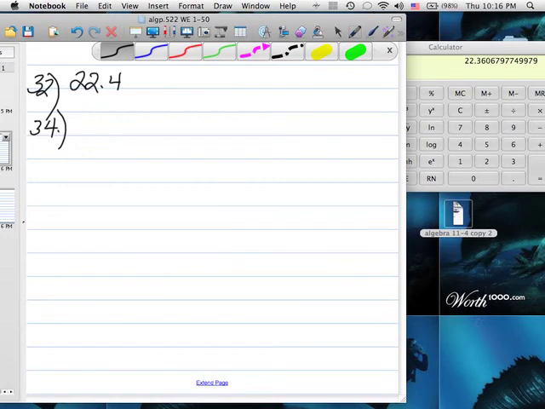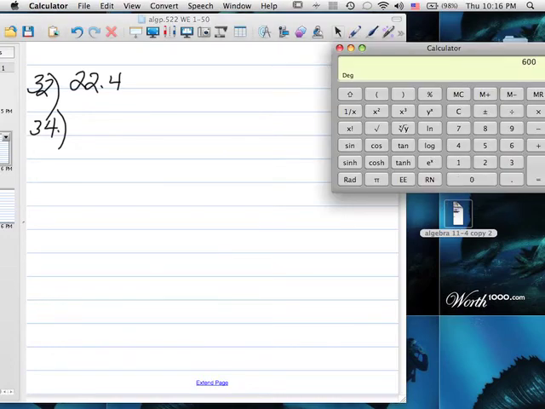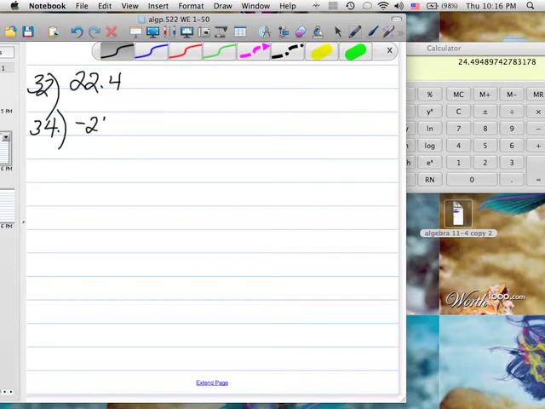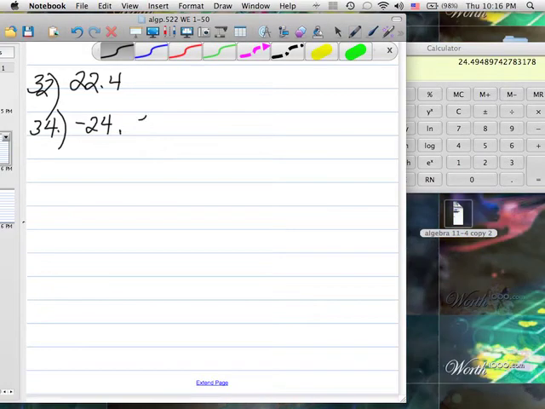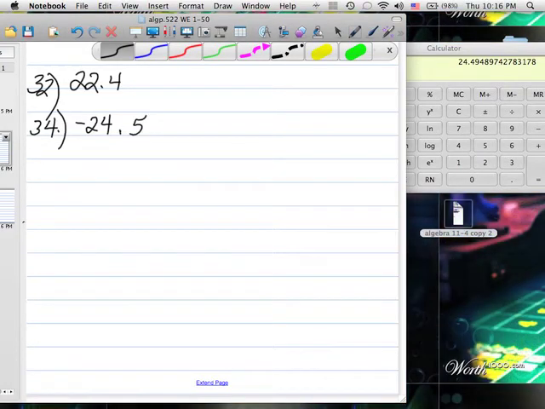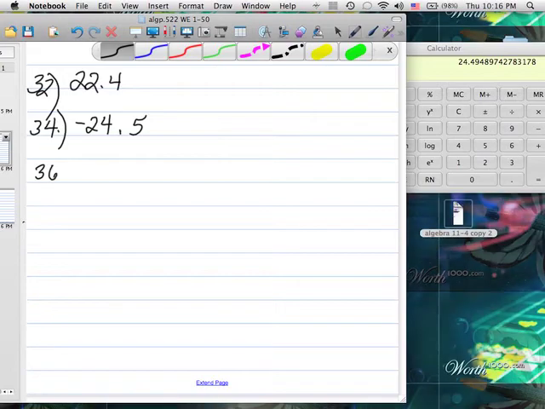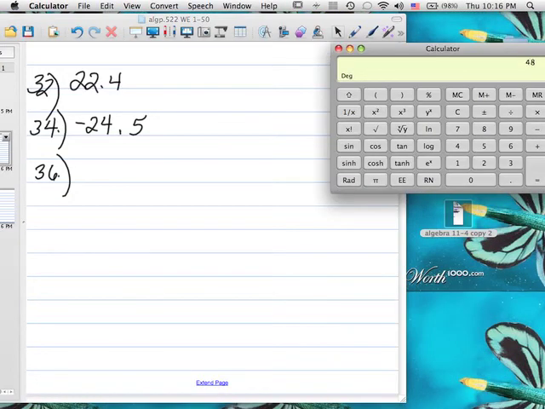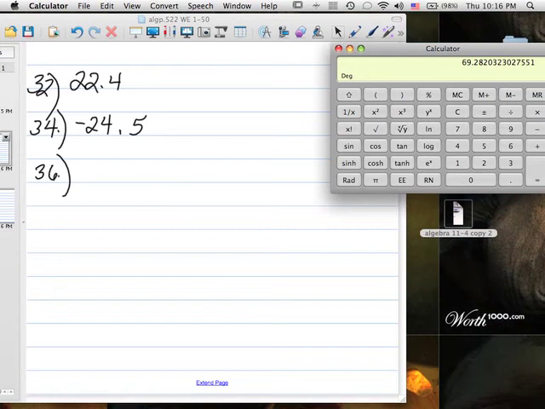34 is negative square root of 600. So 600 square root. It's negative 24.5 to the nearest tenth. Number 36, negative square root of 4,800. So 4,800 square root.